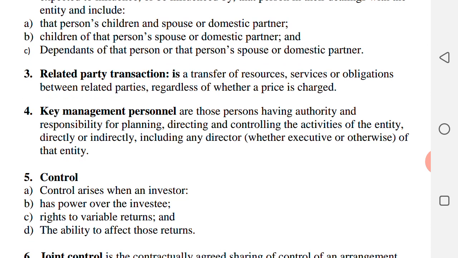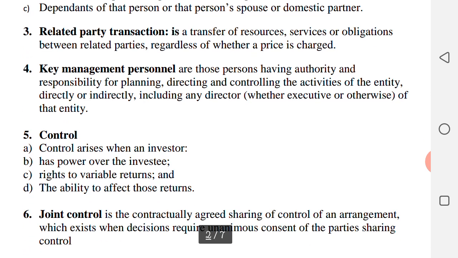The dependents of that person's spouse or domestic partner, who may be of any age, even an old individual such as a grandfather or grandmother, are also related parties to the key management personnel. What is a related party transaction?